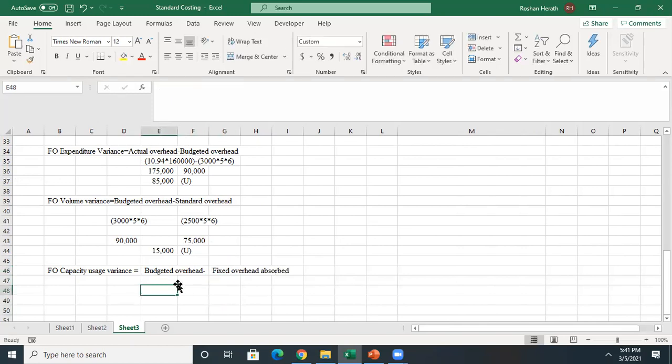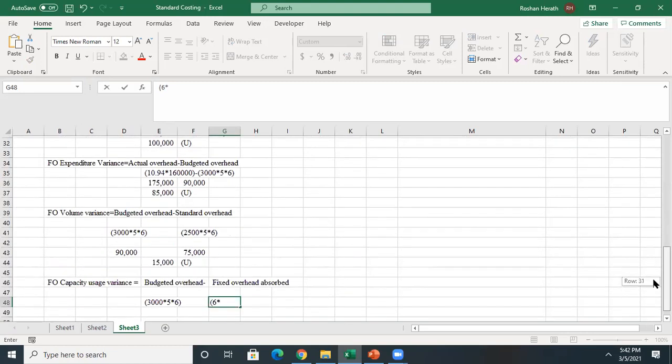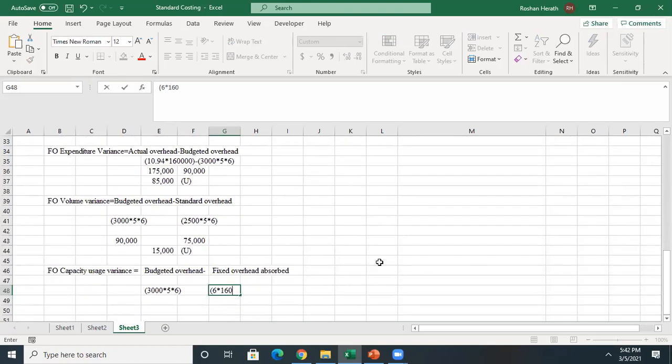If you take this budgeted overhead, you have planned for 3,000 units, per unit 5 hours into 6. And the fixed overhead absorbed always has to be on the actual hours, at the rate of 6. Sorry, you need to take the actual hours. How much are the actual hours? The question itself may provide that: actual hours 16,000. Actually, you have taken 16,000 hours.